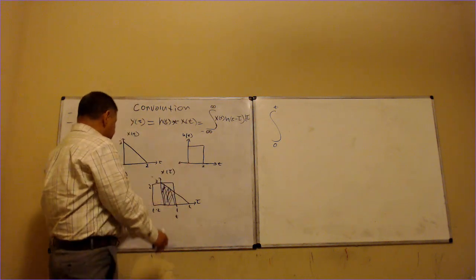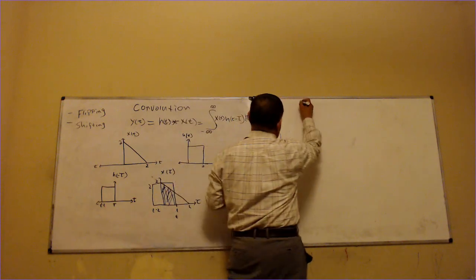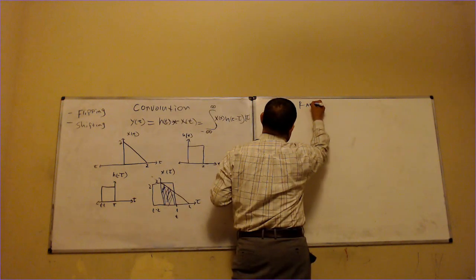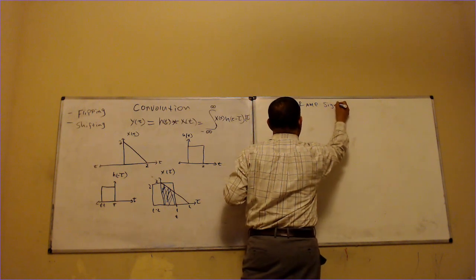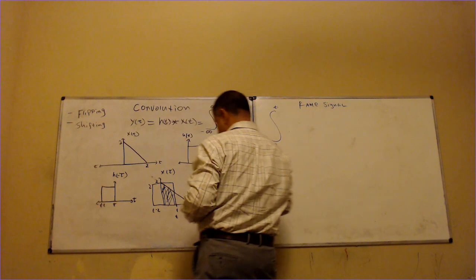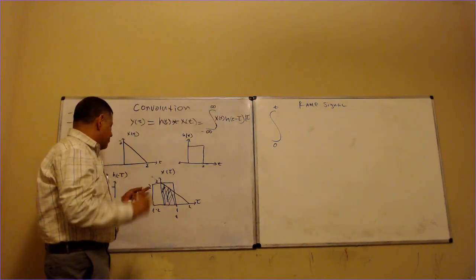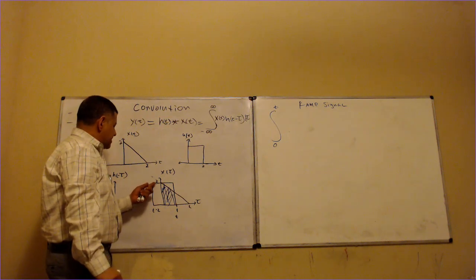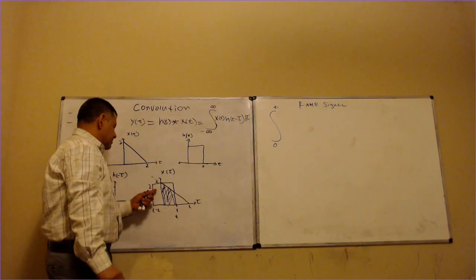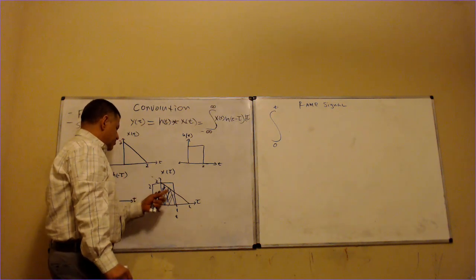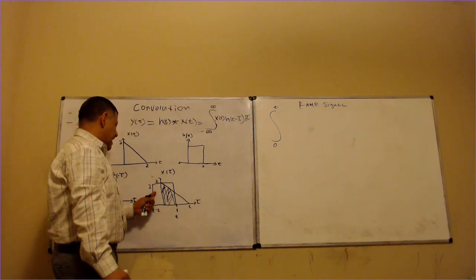I am dealing with this signal that looked like this, which is called a ramp signal. So now I cannot say that I will take this signal and just do it regular, right? I cannot multiply the two signals, no, I cannot do that.